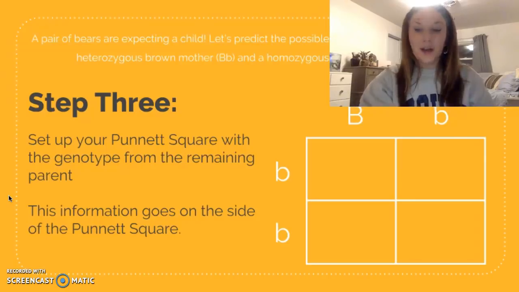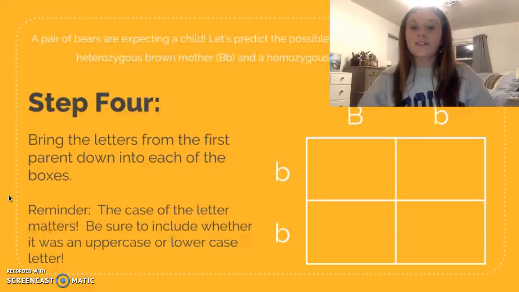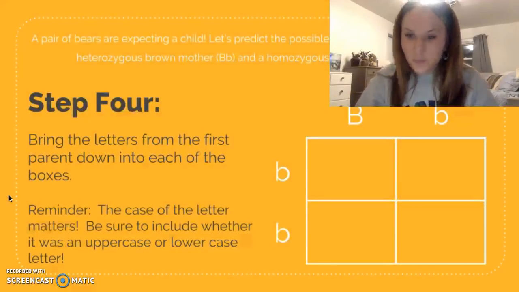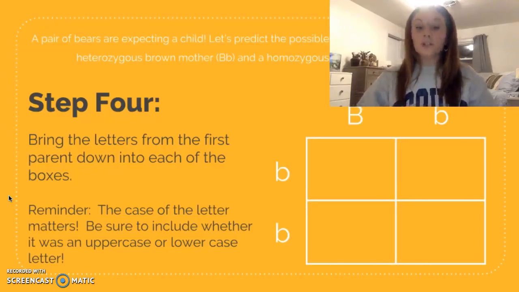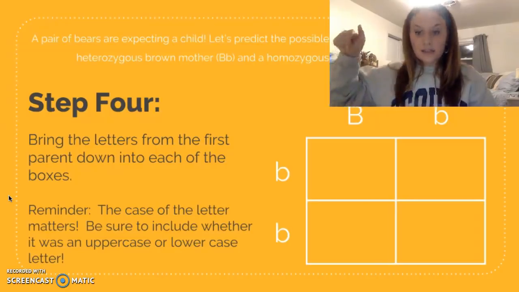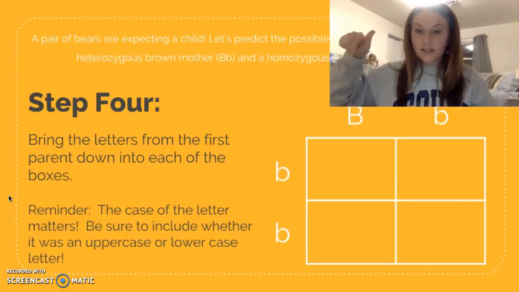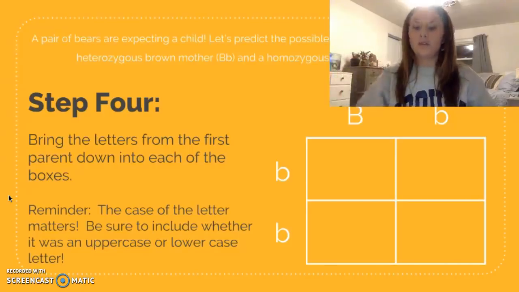Now we're going to show you how you figure out what is the possibility for these offspring. Step 4. This is doing and performing the Punnett square. You're going to bring the letters from the first parent down into each of the boxes. So I'm going to take this uppercase B here, and because the uppercase B is above those 2 boxes, I'm going to push it down into both of those boxes.